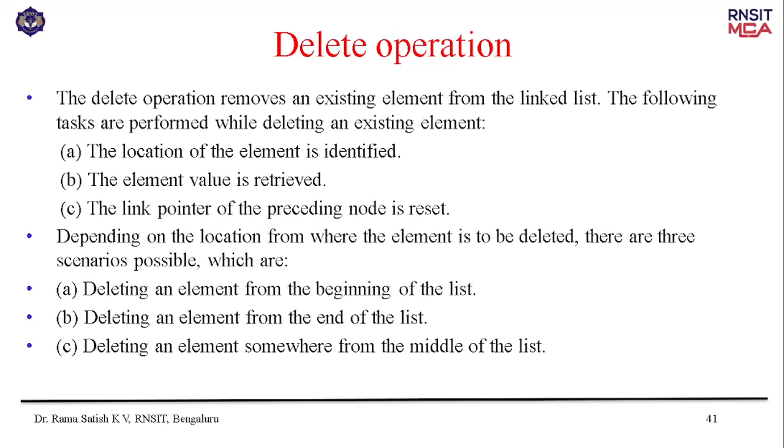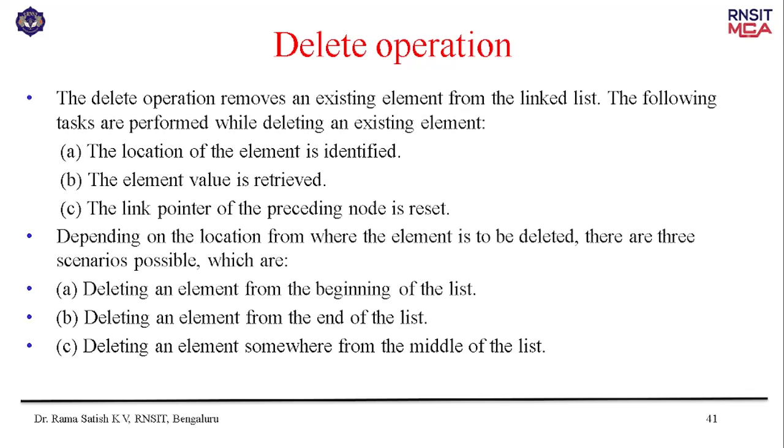And of course, there are chances that the element may appear at the end, the last node, so how to delete it. And in between the first node and last node, if the element is found, you have to locate it and delete it.